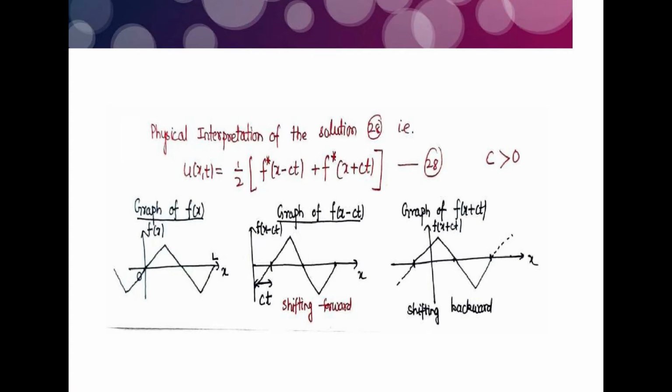Now before starting the explanation of equation number 29, let's discuss the shifting of graphs. Suppose the function f of x is given to us, and consider figure 1 here.